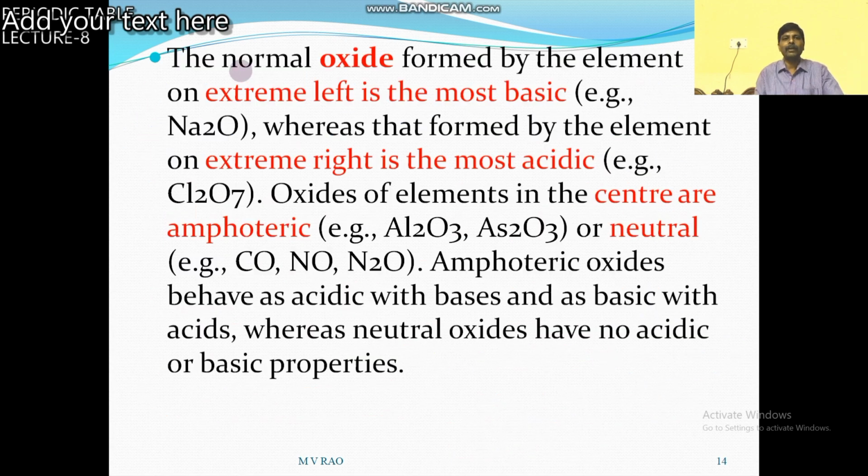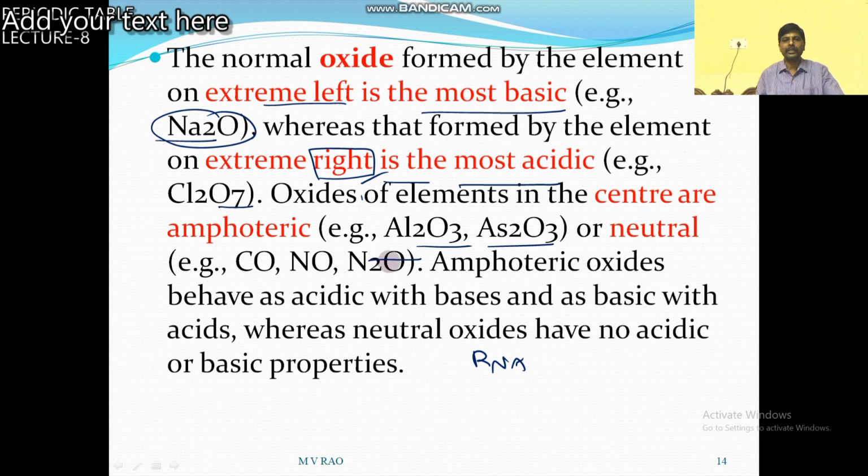You will see more information. The normal oxide formed by the element on the extreme left is most basic, that means first group Na2O. On the extreme right side, non-metals are acidic. Oxides of the elements in the center, such as Al2O3 and As2O3, are amphoteric. There are some oxides that are neutral: CO, NO, N2O.